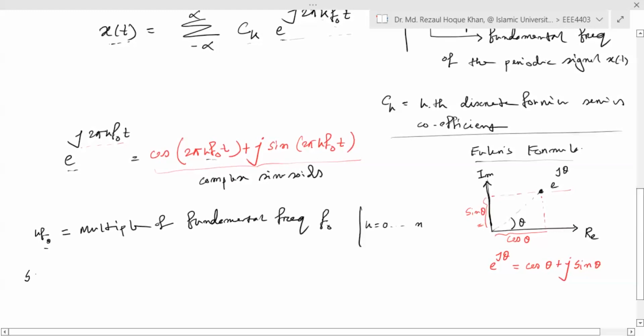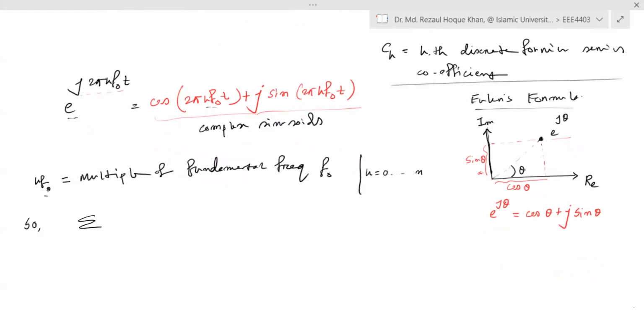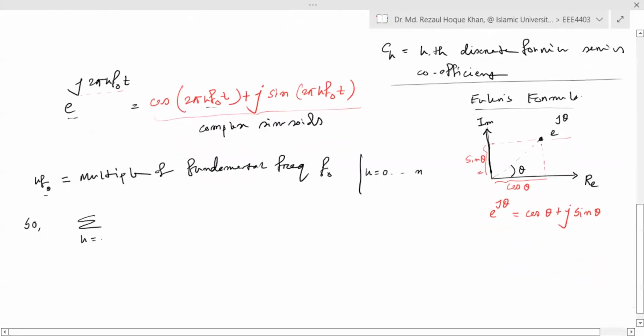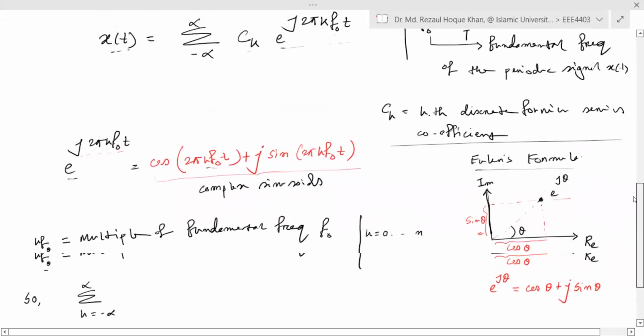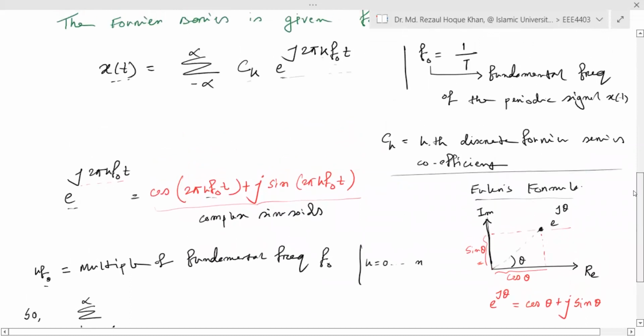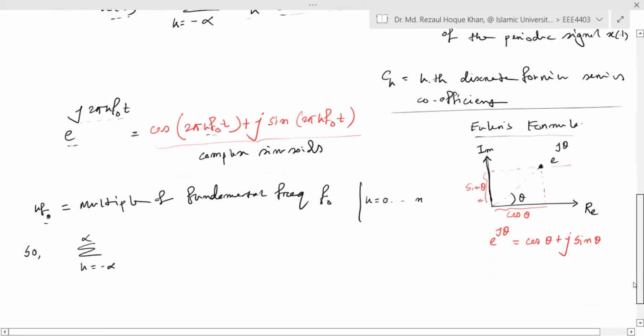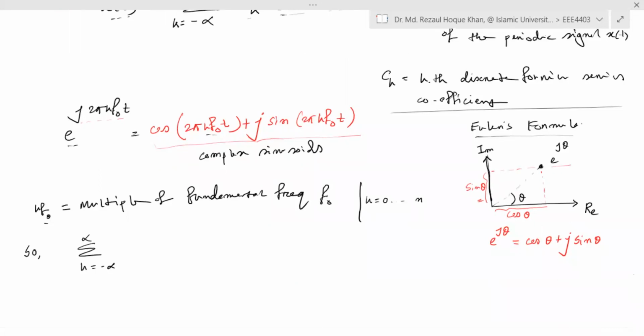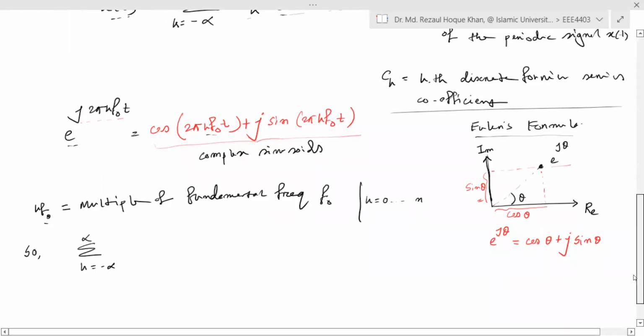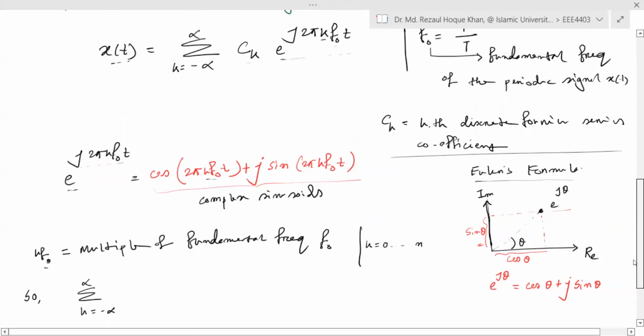So if this is the case, then the summation over k equal to minus infinity to infinity of ck. Here I didn't write this, but k varies from minus infinity to infinity, for all values. After the fundamental frequency, the values can be either positive or negative, up to n value, minus infinity to plus infinity.